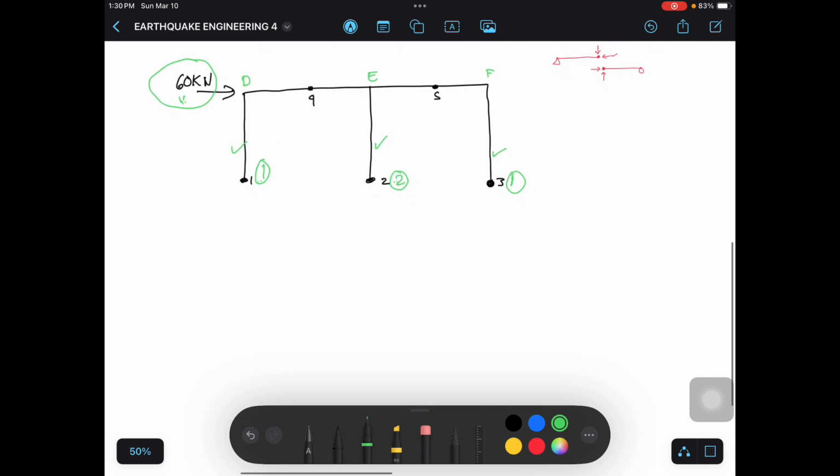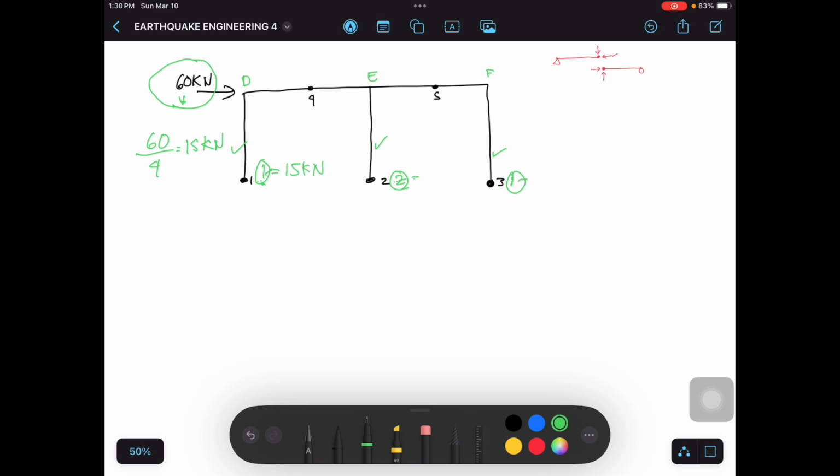So, kung i-distribute na natin yung 60 kN, so, ibig sabihin 60 divided by how many parts? 1, 2, 3, and 4. So, 4 parts. So, 60 divided by 4 is 15 kN. So, distribute na natin sa column na to. How many parts kukunin niya? Isa lang. So, this will receive 15 kN.